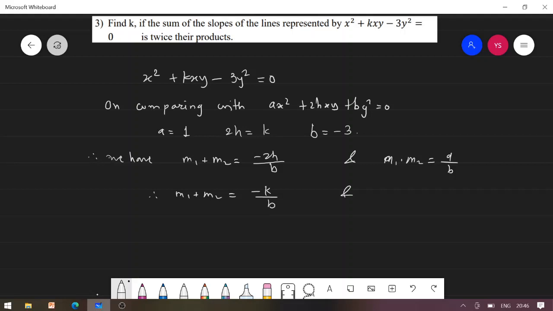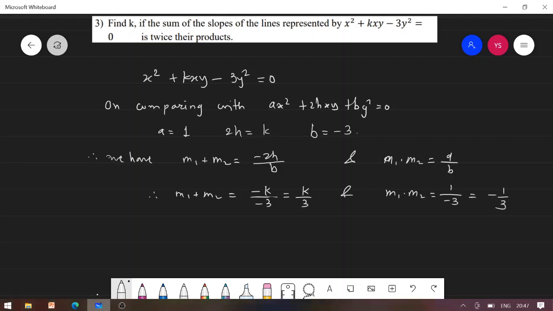What is the value of b? B becomes minus 3 over here, keep in mind. So minus of minus 3, that means minus minus becomes a plus, we are having just k by 3, while m1 into m2 value we are having a by b, means 1 by minus 3, we can write it as minus 1 by 3.